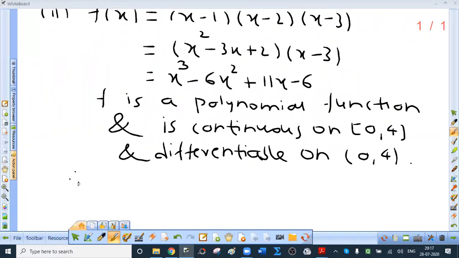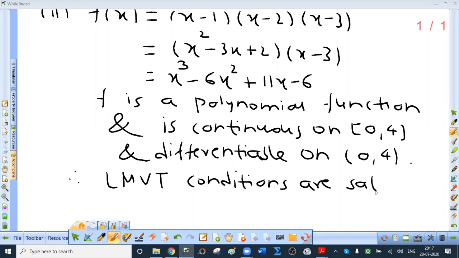Therefore, LMVT conditions are met, satisfied.